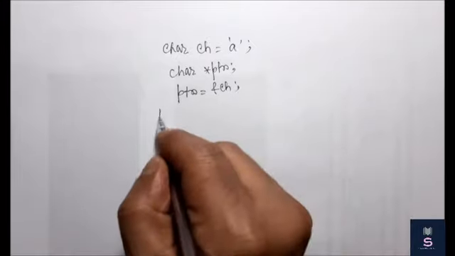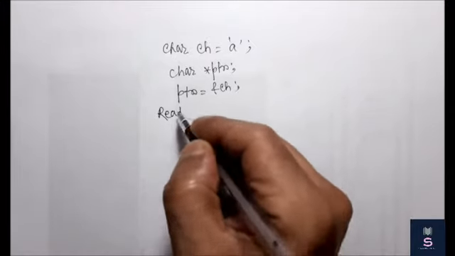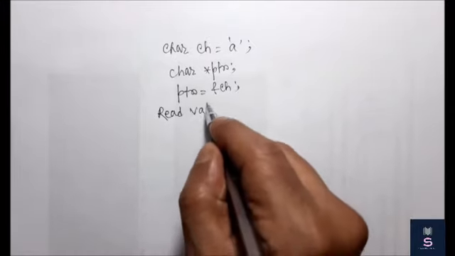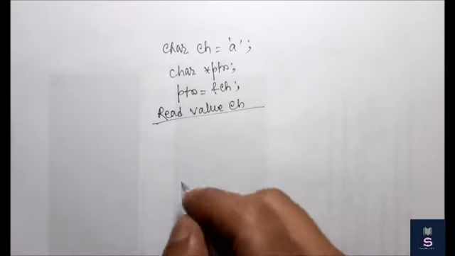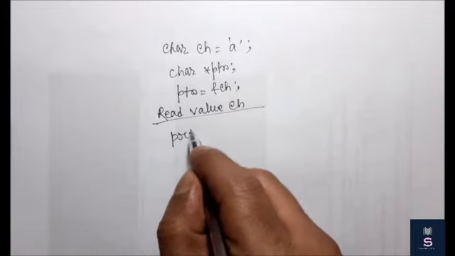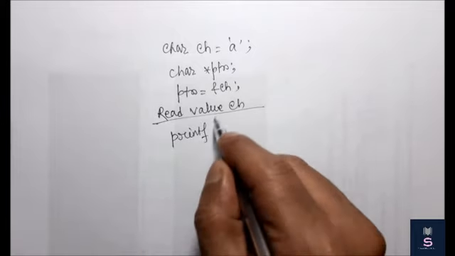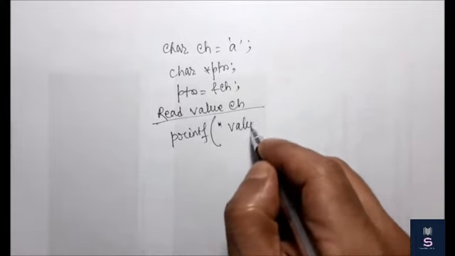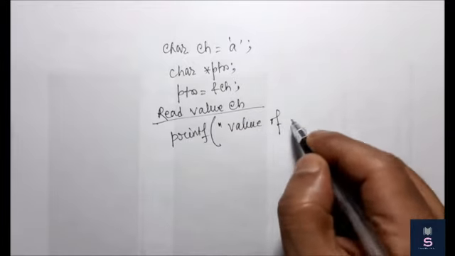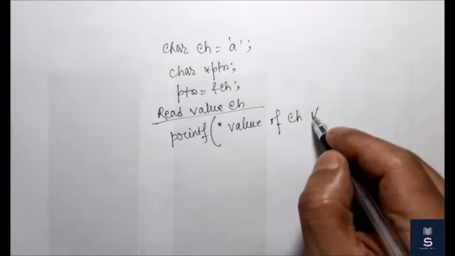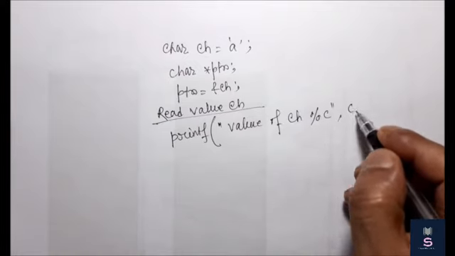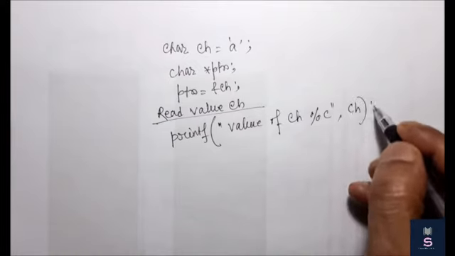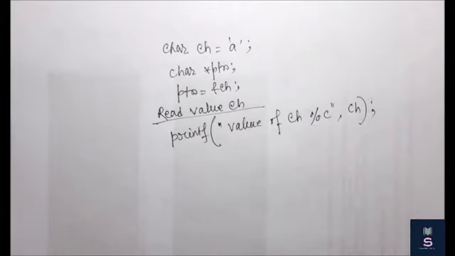Then if I want to read the value of ch, how can I read it? We use printf, value of ch. We know that if I want to print a character on the computer console, I will use %c as a format specifier. So in this way you can read it.